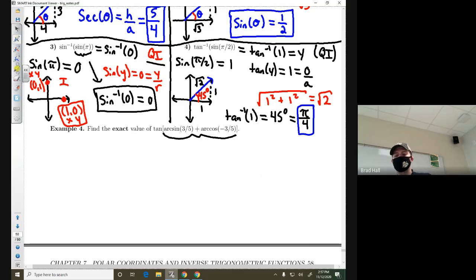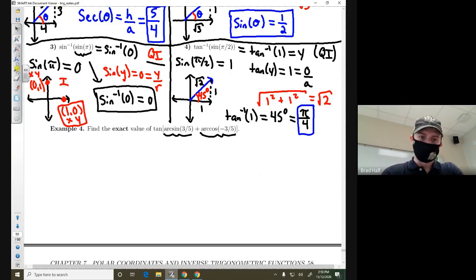There's no way to nicely add inverse functions together, because remember, that's all this is, inverse functions. So you find them out separately. We can find them separately. Remember, the answer for this is an angle, and the answer for this is an angle. There's only one problem with that. So let's go ahead and do these off to the side.